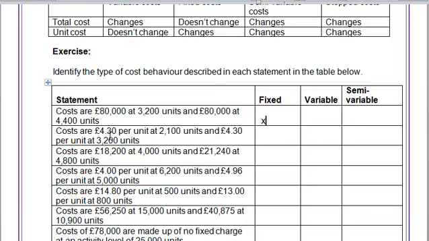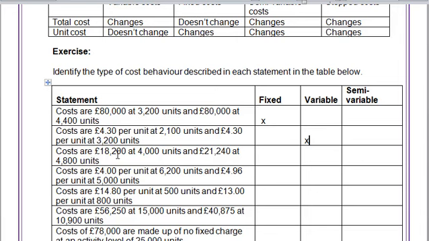Costs are £4.30 per unit at 2,100 units and £4.30 per unit at 3,200 units. That means the cost per unit is not changing. That implies to me it is variable cost. Again, in line with the table we have above, it's variable cost only that the cost per unit doesn't change, and it's fixed cost only that the total cost does not change.